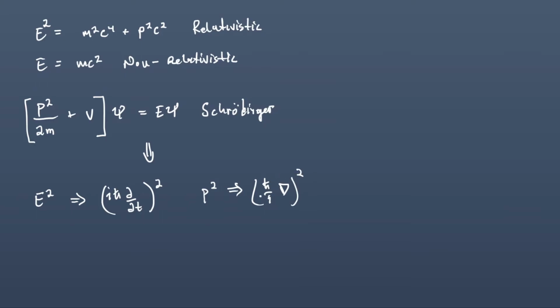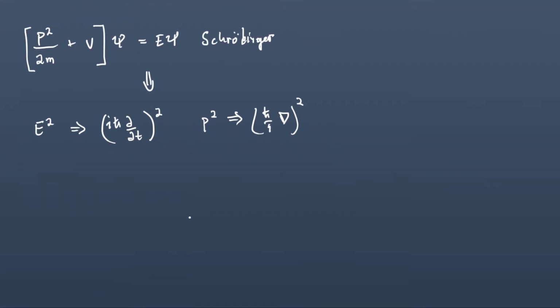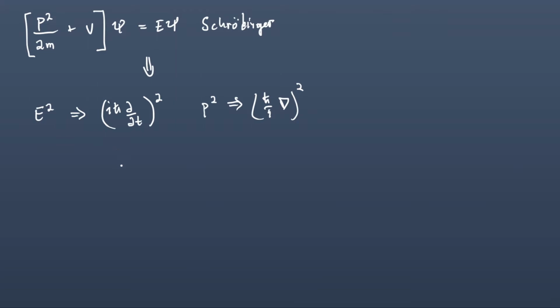This is the operator associated with momentum. So now we can develop this equation where we have (i ħ ∂t) squared acting on phi. Now we have this side of the equation.